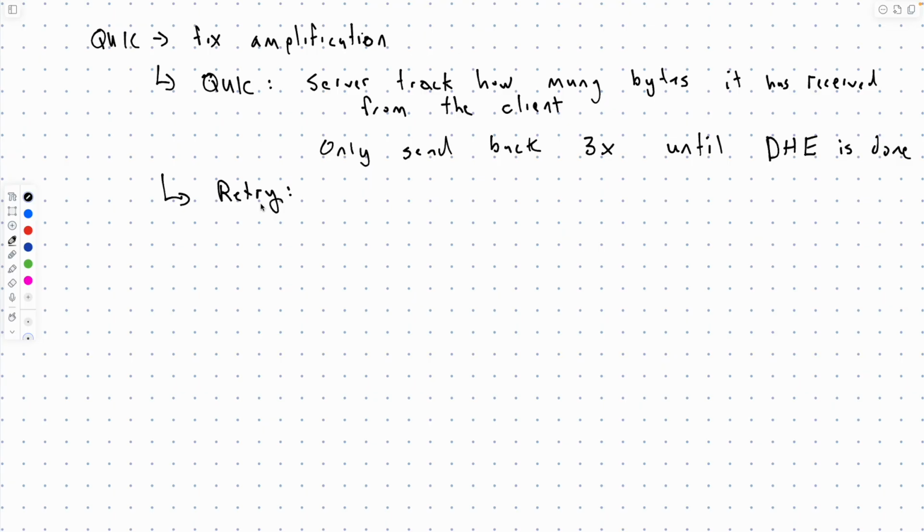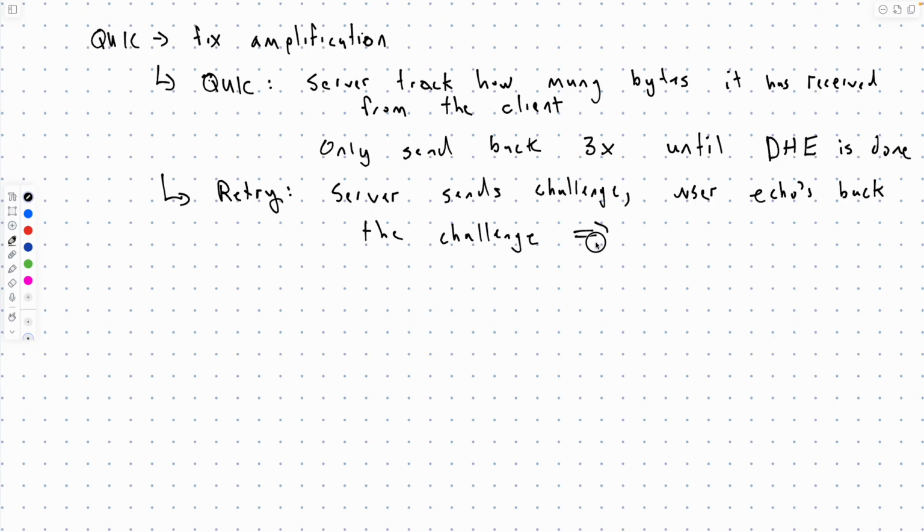So the server sends a challenge, and then the client, or I'll put user, echoes back the challenge. And so this is basically equivalent to a three-way handshake.